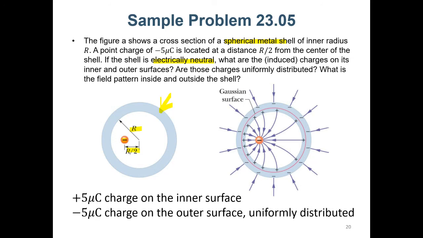But we have a charge of -5 μC there. So there should be a positive 5 μC induced charge at the inner surface, to make the overall charge enclosed by this Gaussian surface 0.